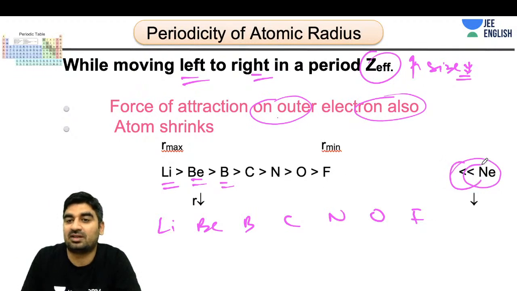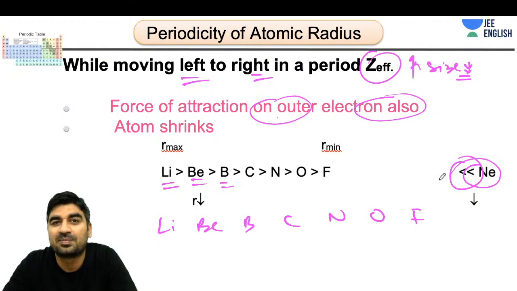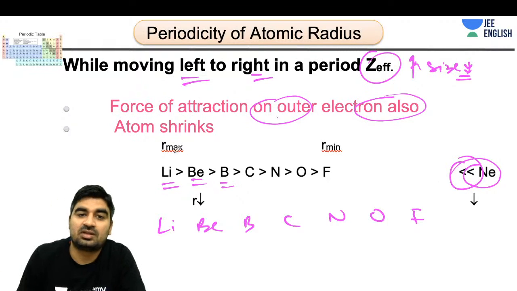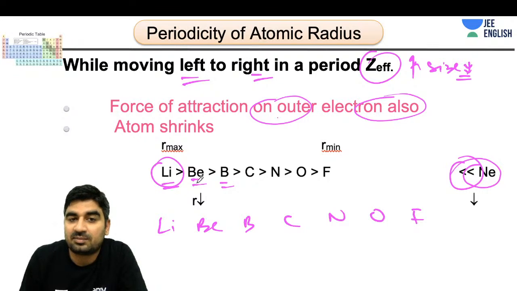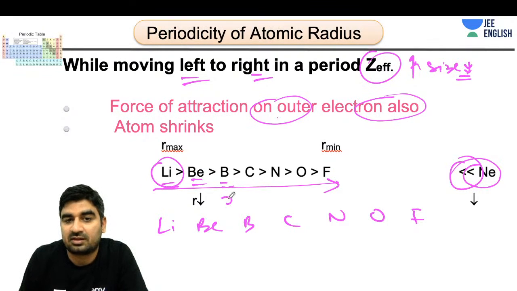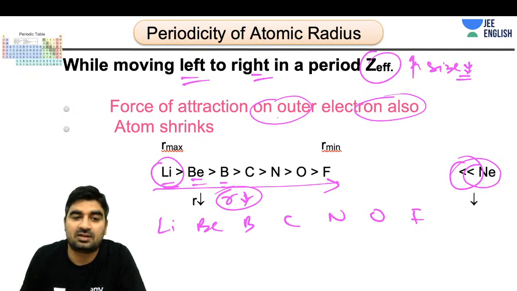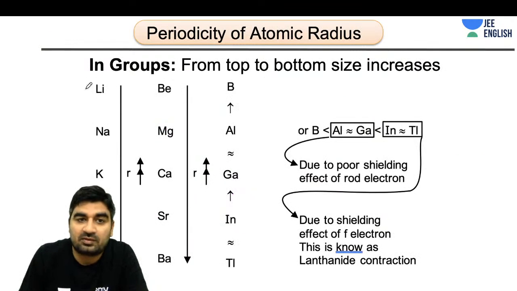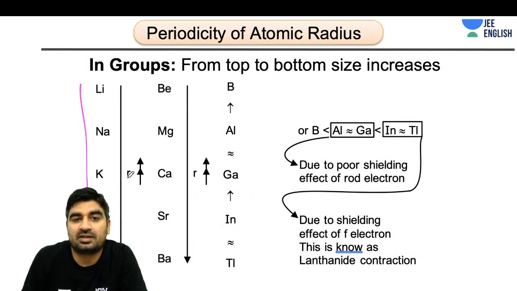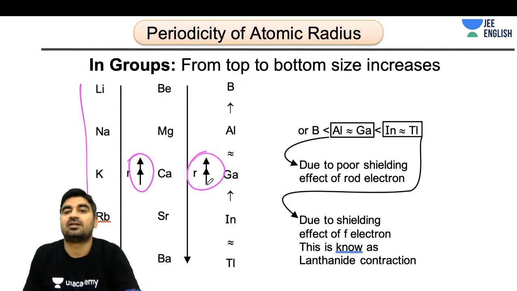So it will be very larger, and generally we do not compare van der Waals radius of one atom with the covalent of another. Okay guys, so in this case this is lithium, and as we move left to right the radius decreases. Done. So when we move top to bottom, radius increases because new shell is added.